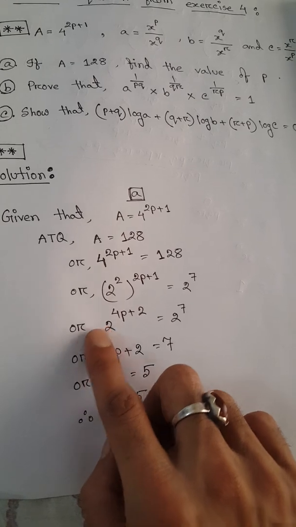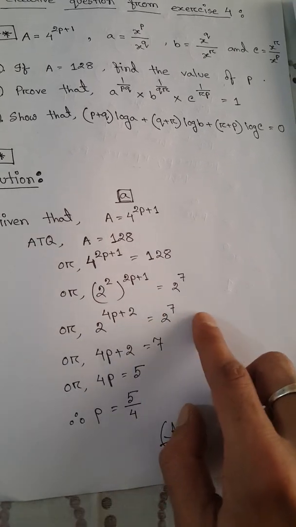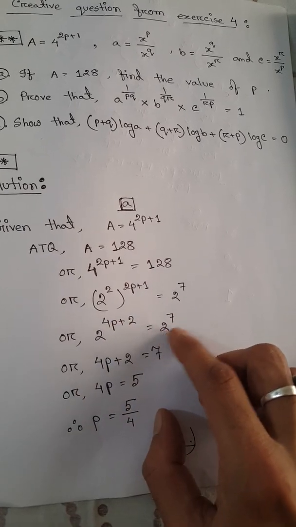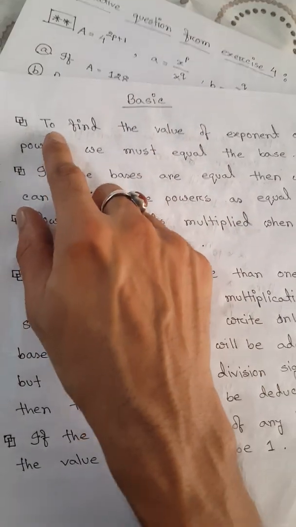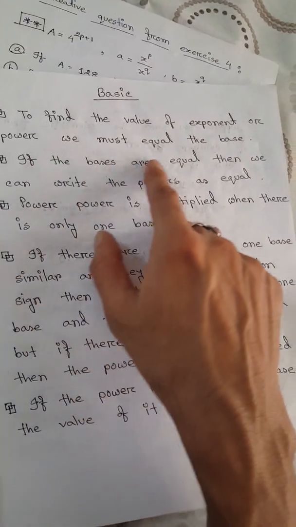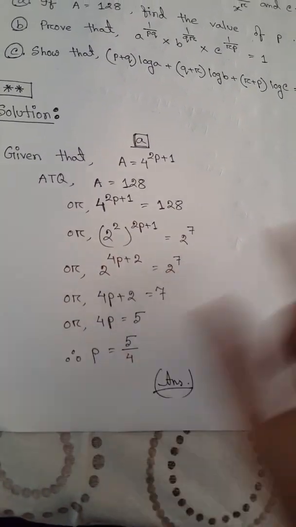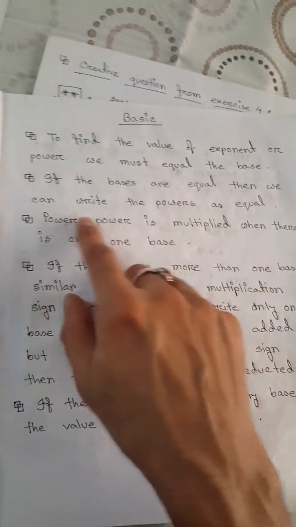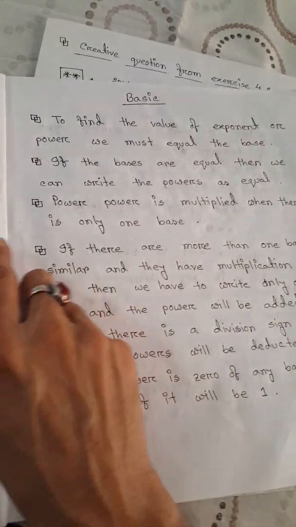And then the equation becomes this way. Here the base is 2, and here the base is also 2. So there is another rule. To find the value of the exponent or power, we must equate the base. Here we equate the base, and then if the bases are equal, we can write the powers as equal.